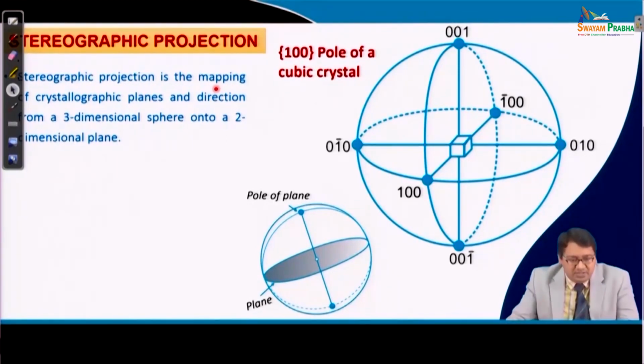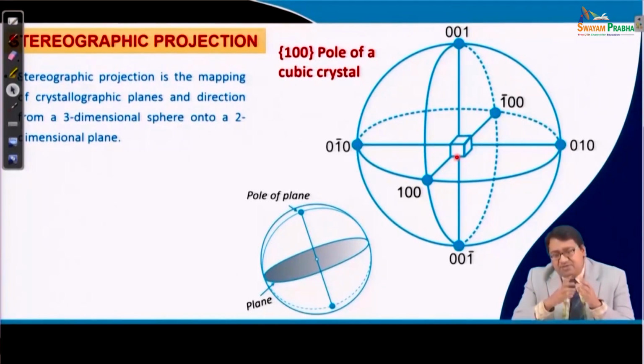So, you see how it is done: a unit cell, for example, is kept at the origin of the sphere, in such a way that the origin of the unit cell is exactly at the center of the sphere as shown in this figure.